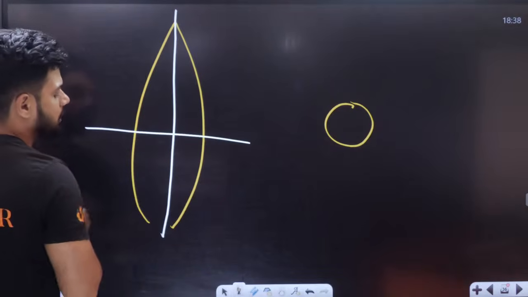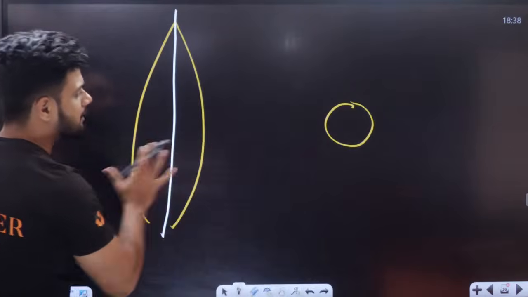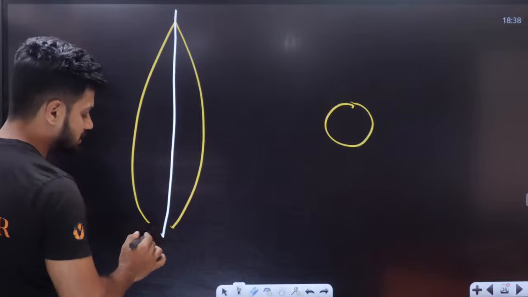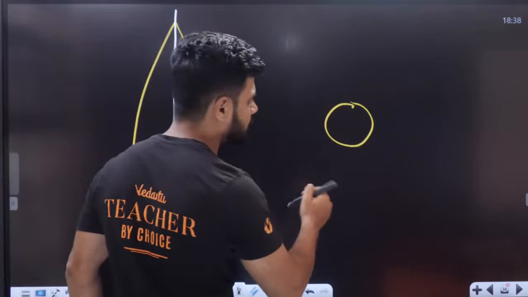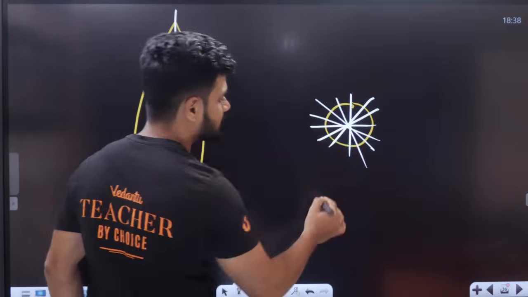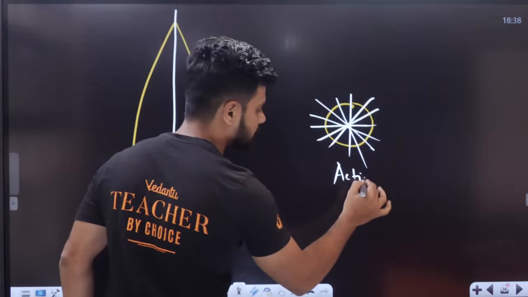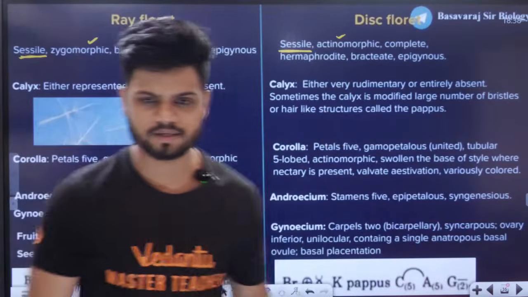Yes. But in another plane, not possible, because one side gets smaller and the other much larger. So it is zygomorphic. Now what about the disc floret? Cut in any plane, it will get cut. That's why it is actinomorphic.